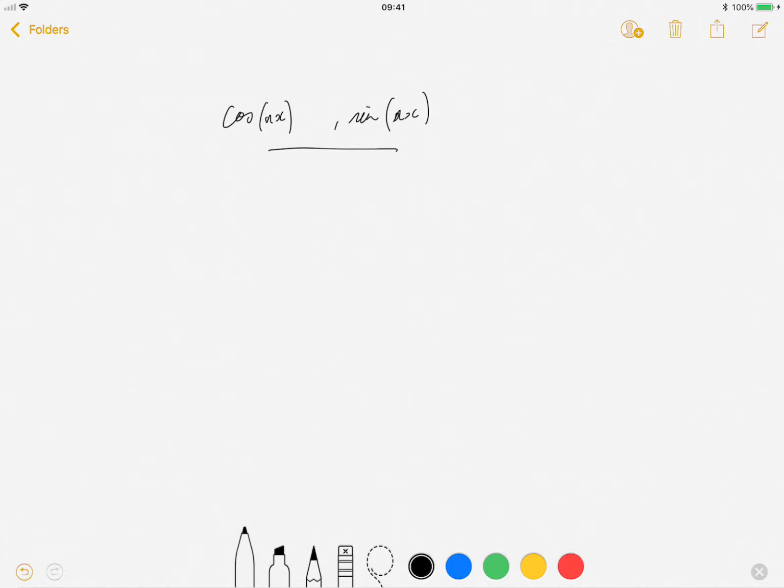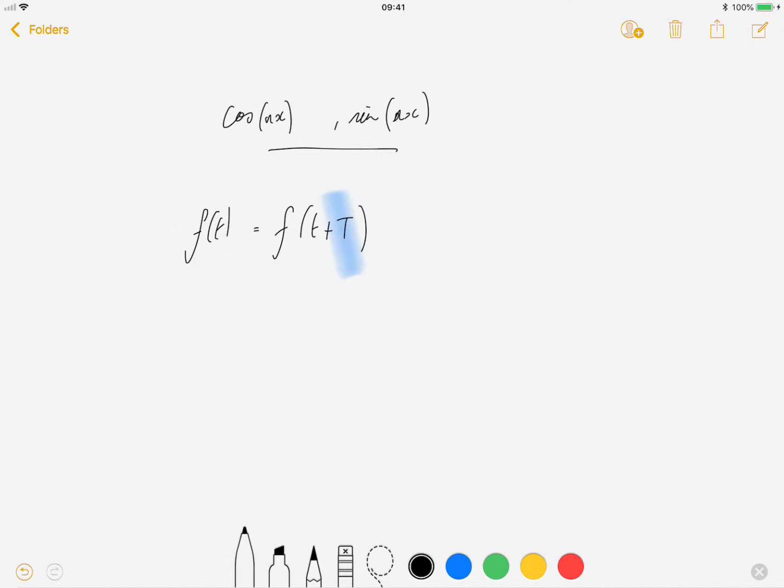Okay, so now onto some mathematics. Well, we know that a periodic function f(t) is defined as f(t) equal to f(t + T), where capital T is just the period of our oscillating function.